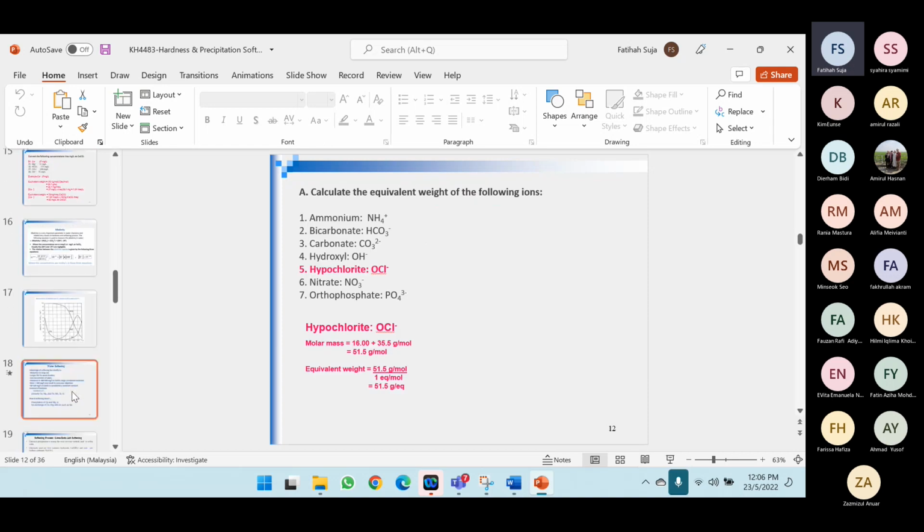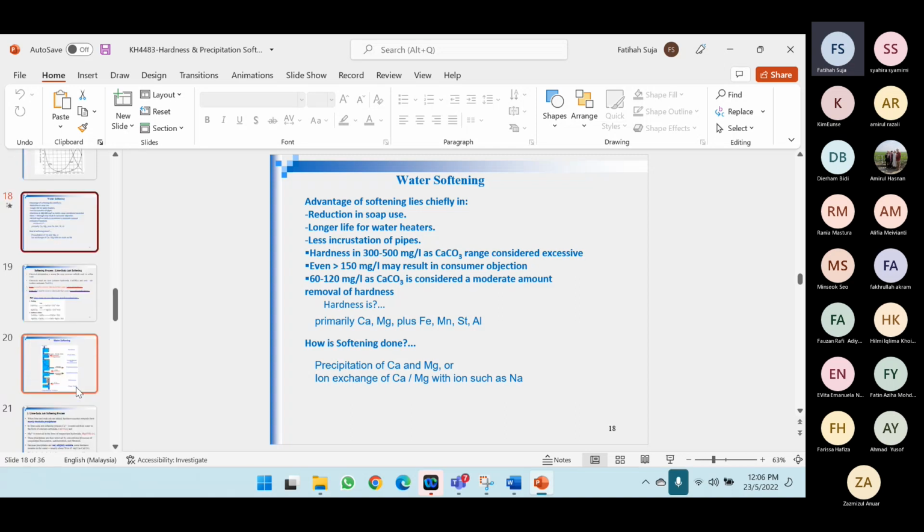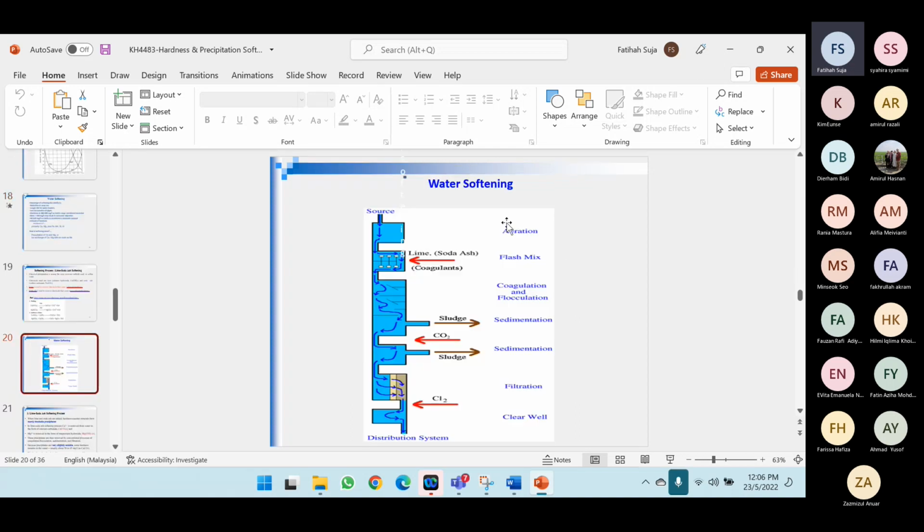Okay, so the first system to remove this water hardness is by chemical precipitation. So usually when you have water hardness and you want to remove this hardness using chemical precipitation, this is the sequence.